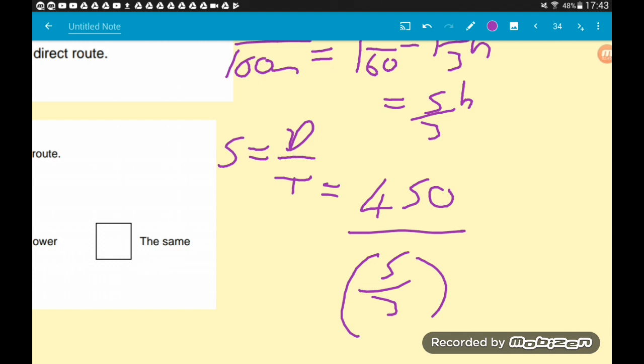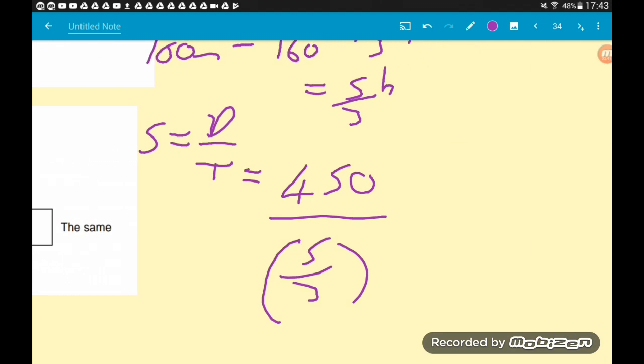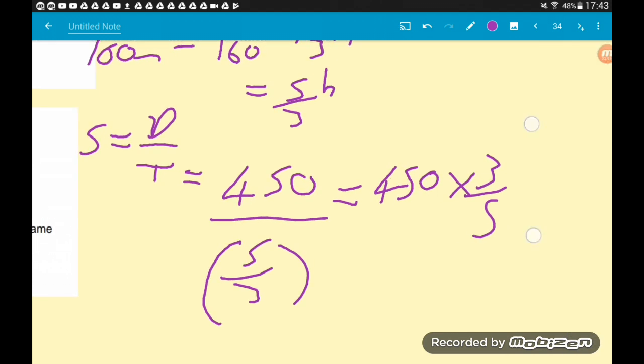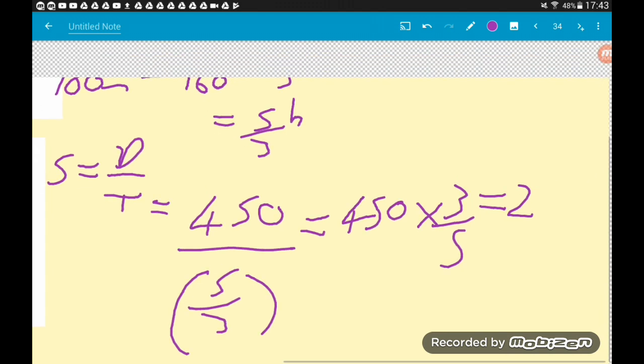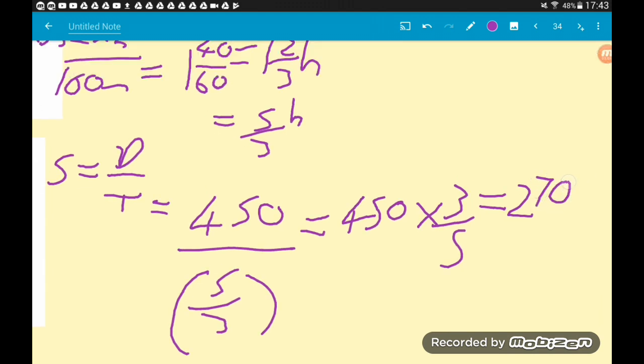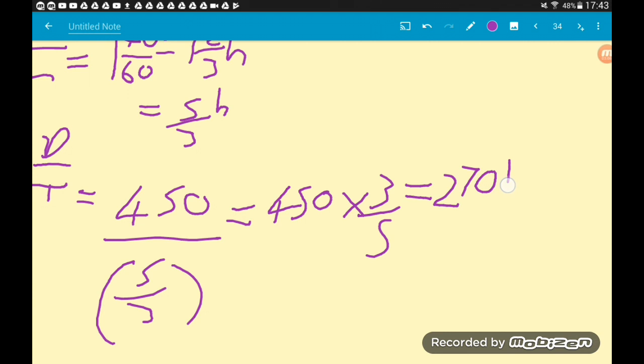So you could do that in your calculator. This is the same as doing 450 times 3/5, which is going to give us 270 kilometers per hour.